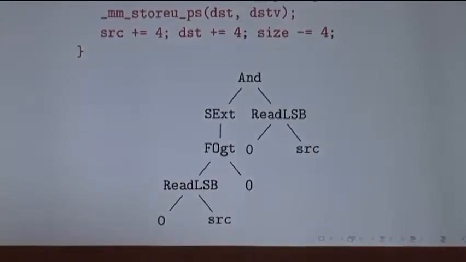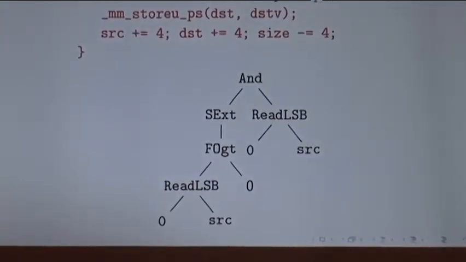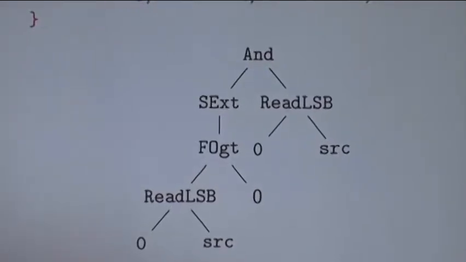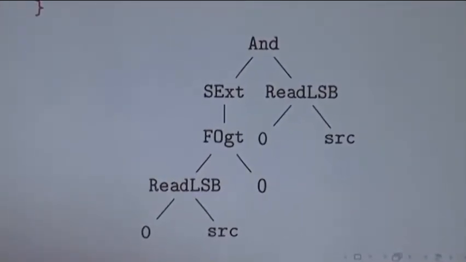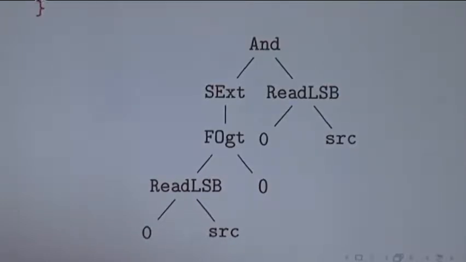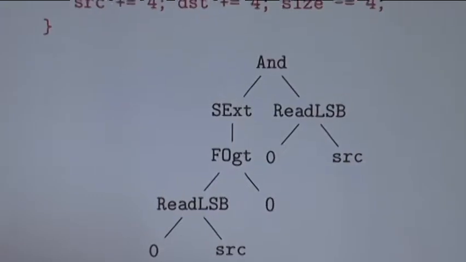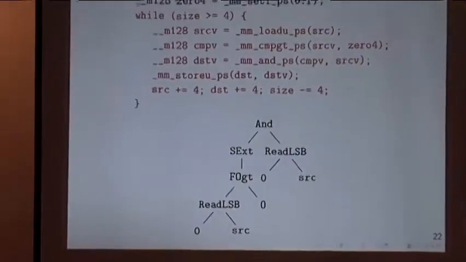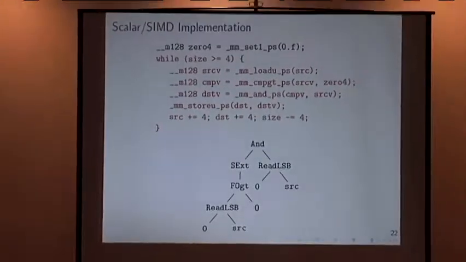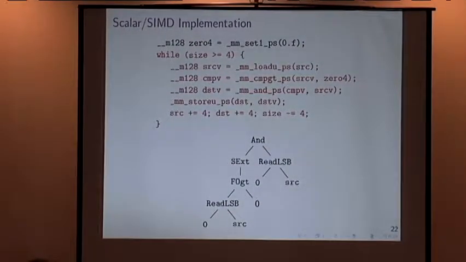The way KLEE works is it builds expression trees, and this is what the expression tree looks like for the first element of the destination array. You can see there's a greater than operation, and a sign extension, which extends the 1-bit outcome of the greater than operation to 32 bits.